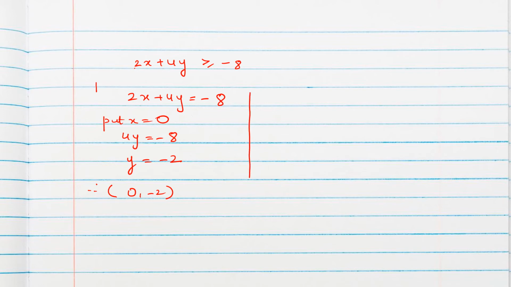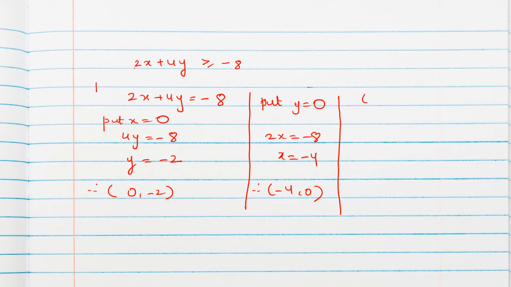Okay, and now put y equal to 0 in the same equation. So 2x is equal to minus 8, x equal to minus 4. Therefore the point will be minus 4 comma 0. Now to check whether the origin will be included in the solution or not, we will put 0 0.